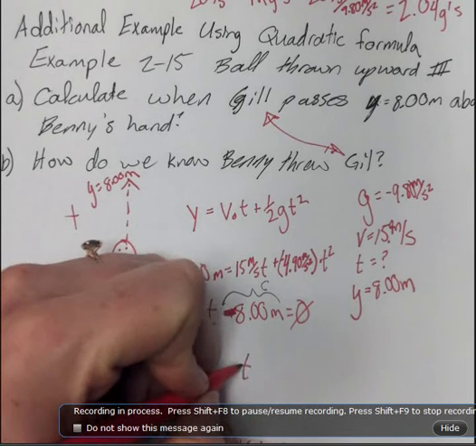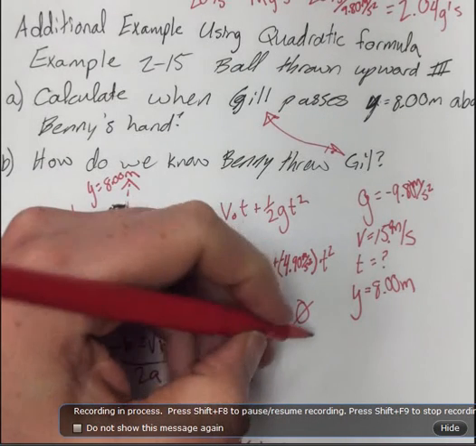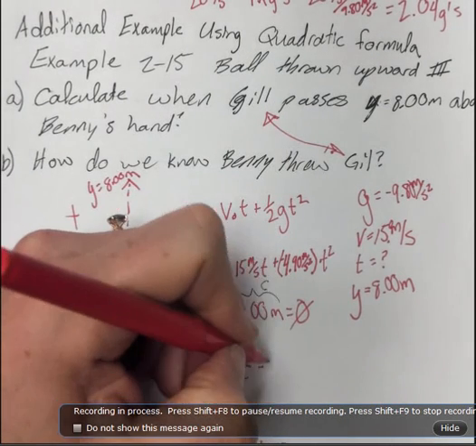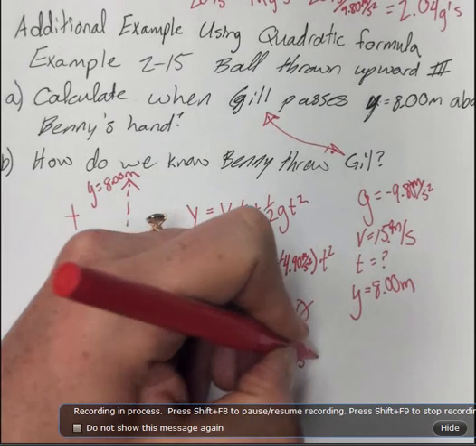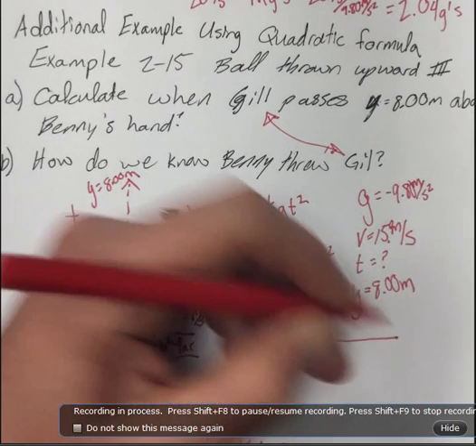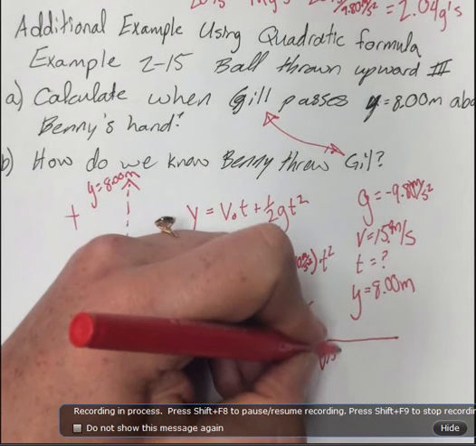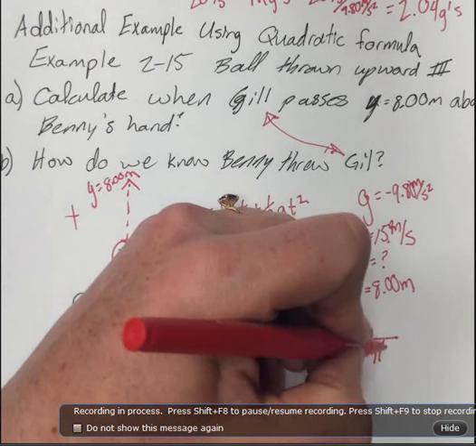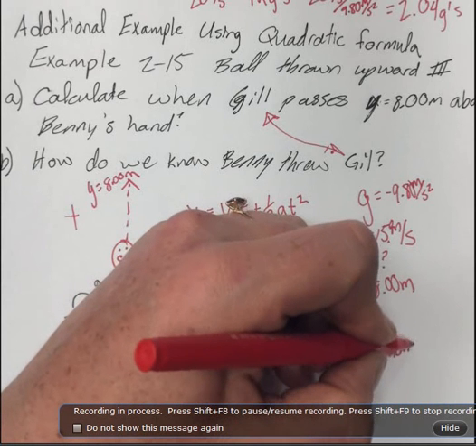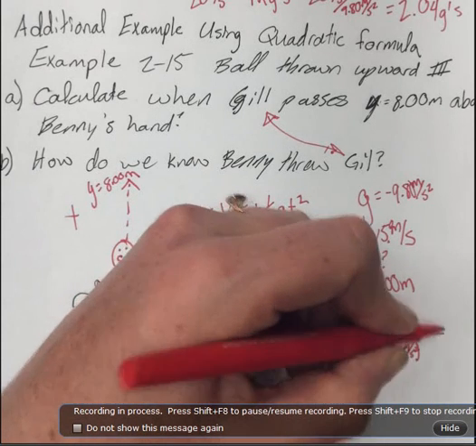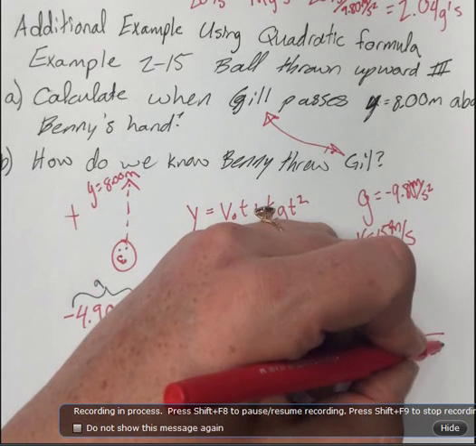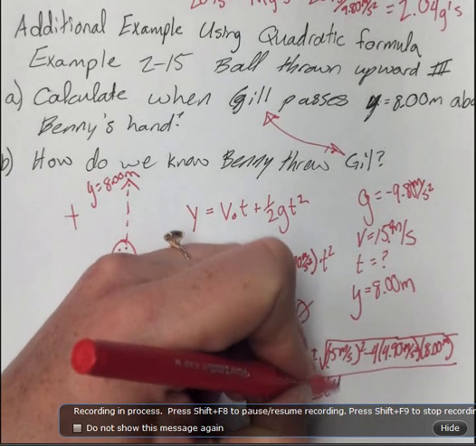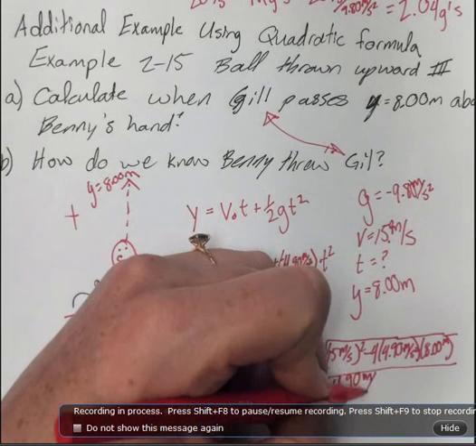We plug in our values, and we get 2 answers for t. t is going to equal 15 meters per second plus or minus the square root of 15 meters per second squared minus 4 times 4.90 meters per second squared times 8 meters, all over 2 times 4.90 meters per second squared.